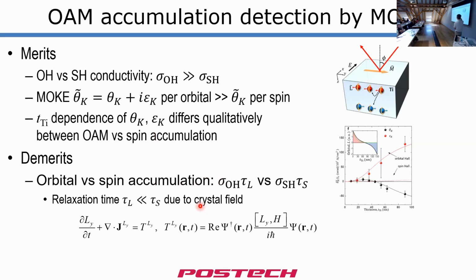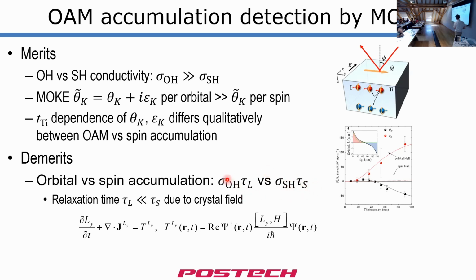In the case of orbital torque, all I need is the orbital Hall conductivity. But in the case of orbital accumulation measurement, the amount of orbital accumulation is not entirely determined by the orbital Hall conductivity, but instead is the product with the orbital relaxation length. Spin accumulation, on the other hand, will be given by spin conductivity times spin relaxation time.